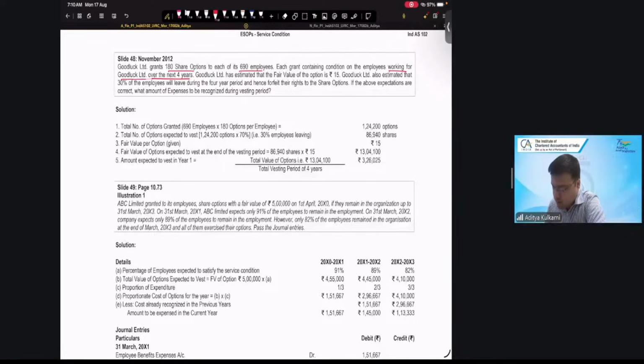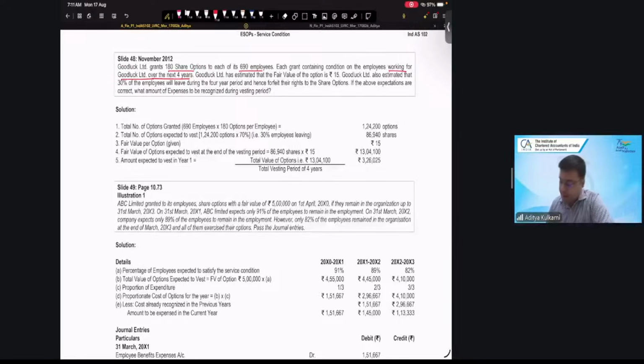What does working over the next 4 years mean? This means that you have to remain in the organization for 4 years, after which you can exercise. But in these 4 years, it will vest. So can I say that the vesting period is 4 years? Yes.